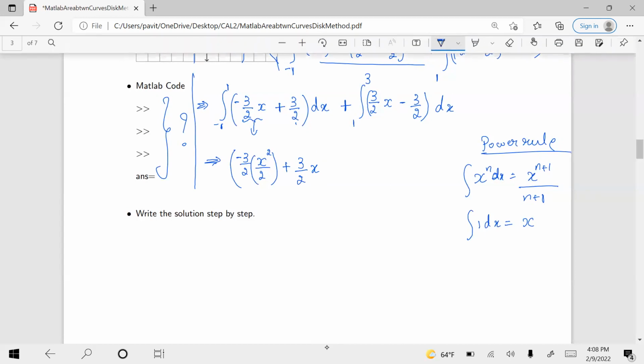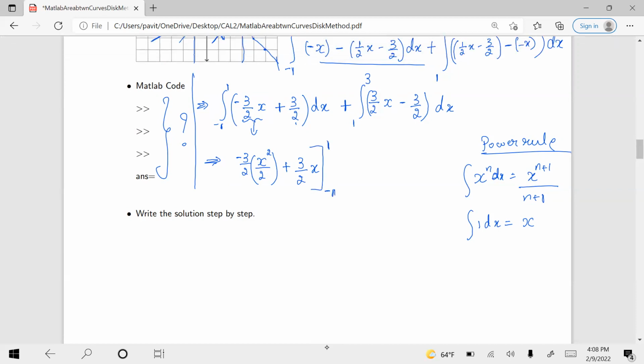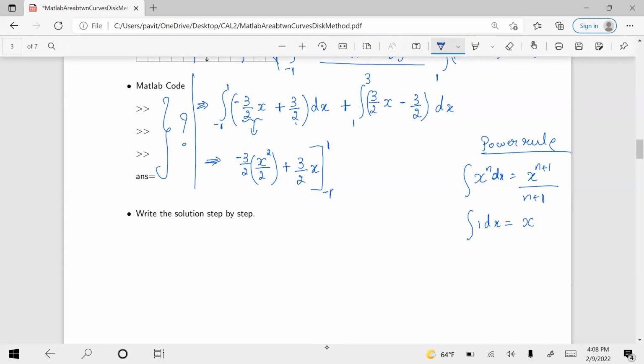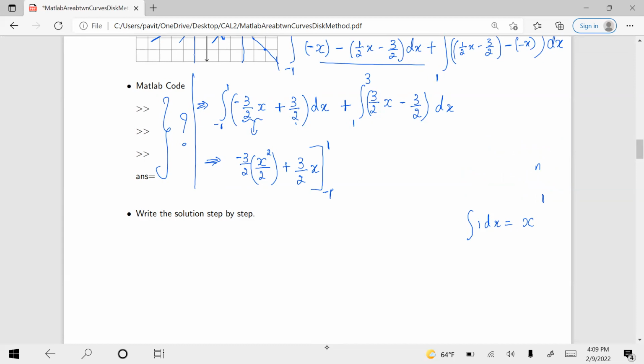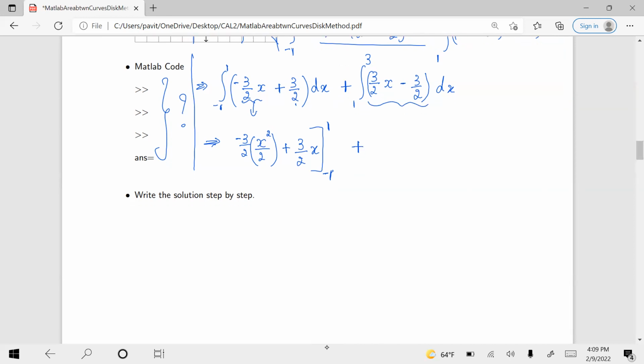Done. So what is the leftover part? We have to apply the limits that is still there. We have to apply the limits. Okay, plus use the same formula for this one. 3 by 2 x, which is similar to this. You just have a negative positive. So that will give you 3/2.